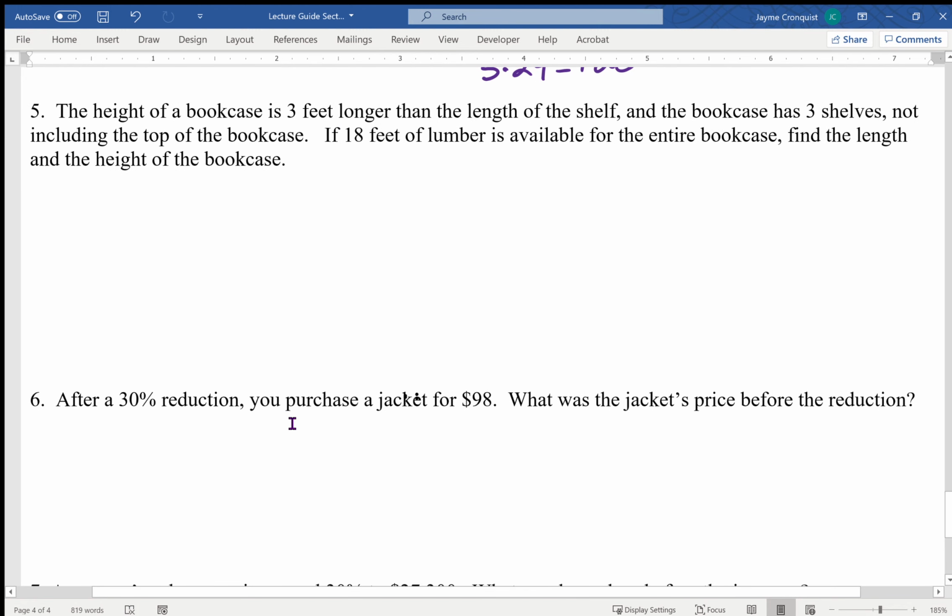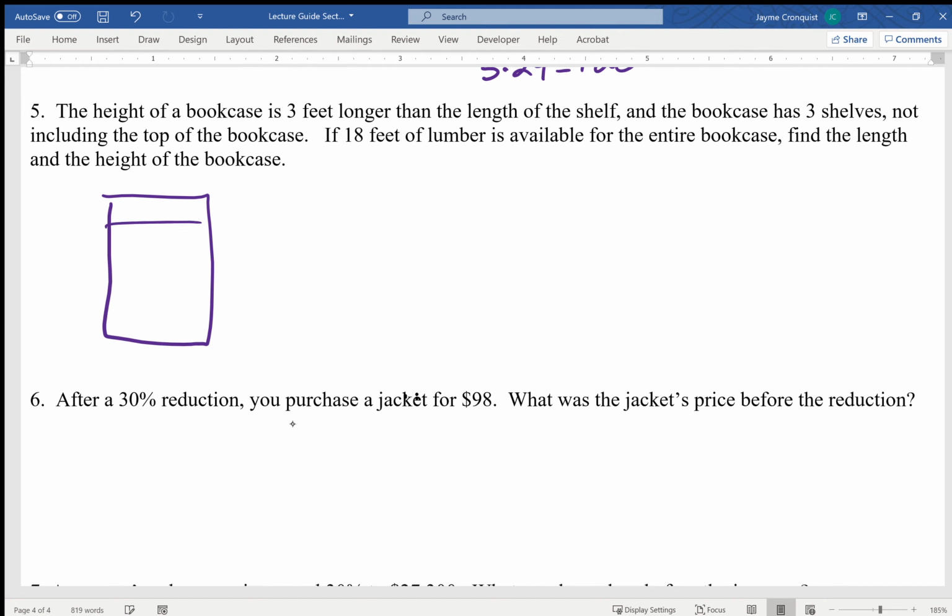The height of a bookcase is 3 feet longer than the length of the shelf. So if I have a bookcase here with shelves, the shelf is x wide, the height is going to be x plus 3.